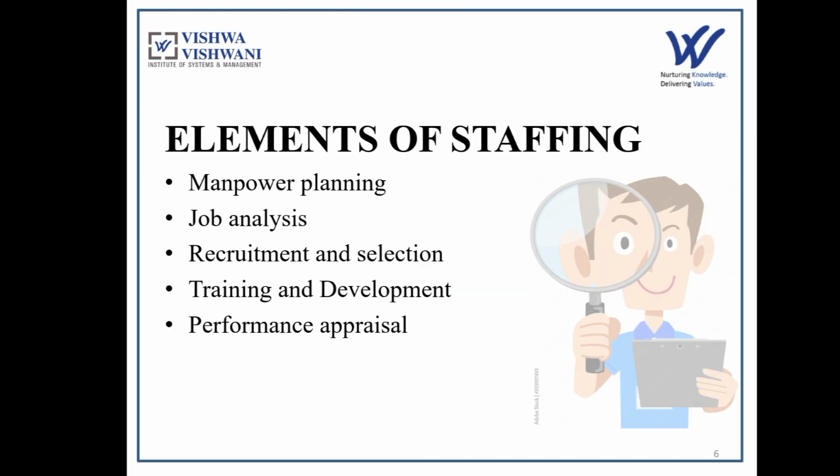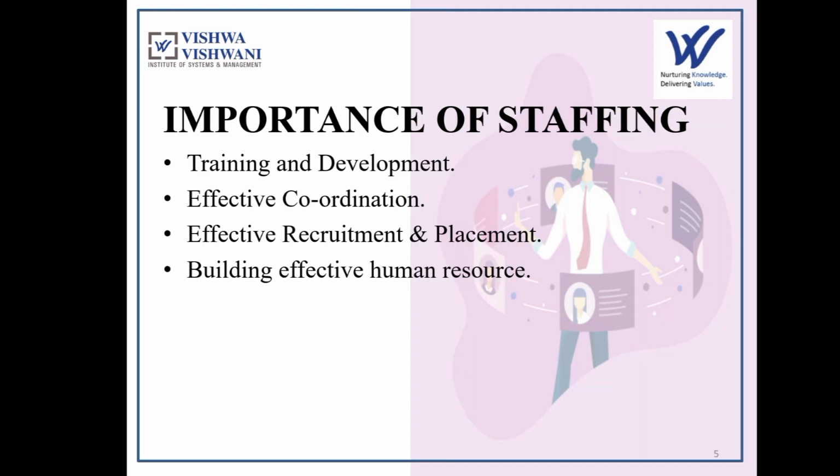Let's discuss some important points in staffing. The first one is managing effective staff. Managing the staff in the organization also plays a very important role. And utilization of physical resources. Utilizing the physical resources in the best way to be productive.